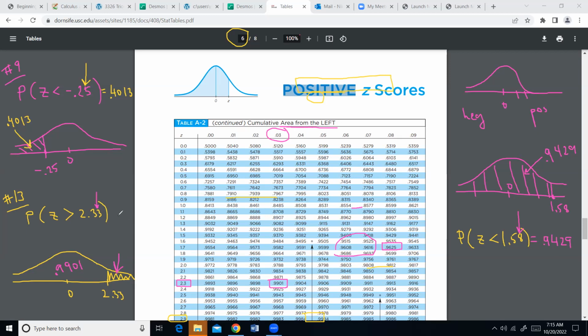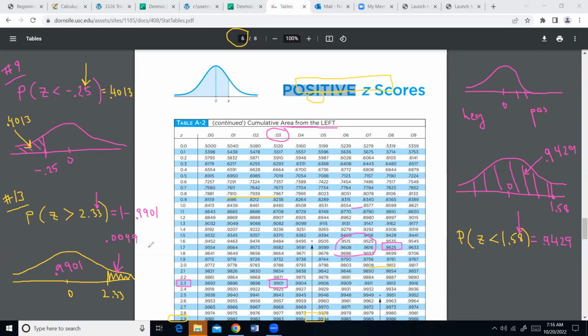What about the other side? What about the complement of this? Remember, the whole thing is 1, so we find the complement. So I have to subtract that 0.9901 from 1. So 1 minus 0.9901 gives us the answer. It's 0.0099, right?